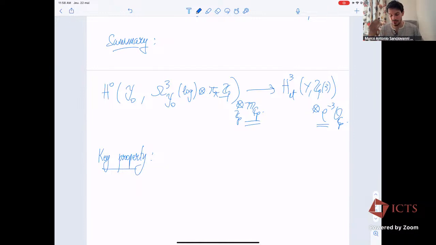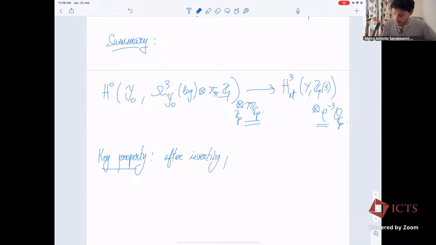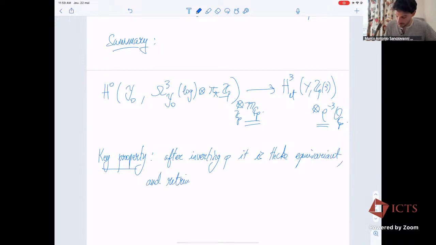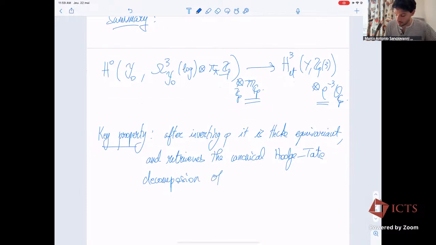Okay. But the key properties of this map are, first of all, it's very functorial. So after inverting p, it is Hecke equivariant and retrieves the canonical Hodge decomposition of, say, H3 et al., but really in any degree.